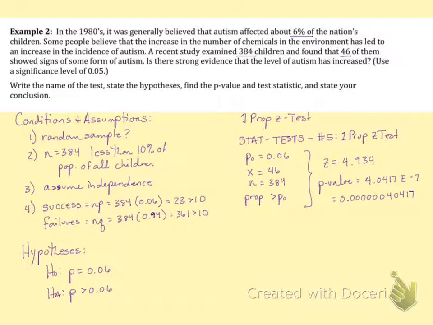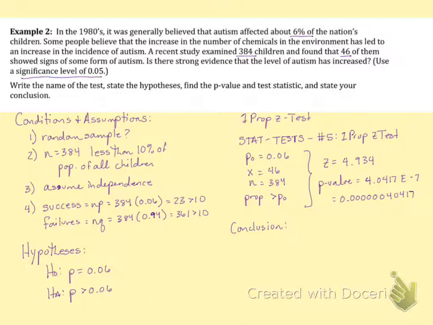So from here, we're going to state our conclusion. And in your homework, I show you how to write out a conclusion. The first part of your conclusion is always to say whether or not your p-value is above or below your significance level. We are using a significance level of 0.05.